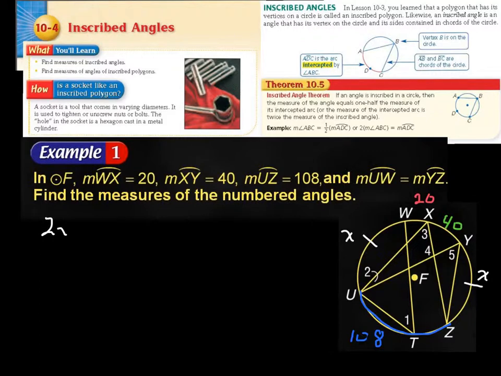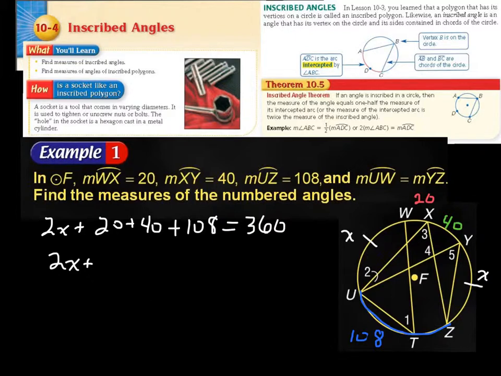So 2x plus 20 plus 40 plus 108 all the way around the circle. There are 360 degrees. So 2x plus, combine my like terms, 60 plus 108 would be 168.